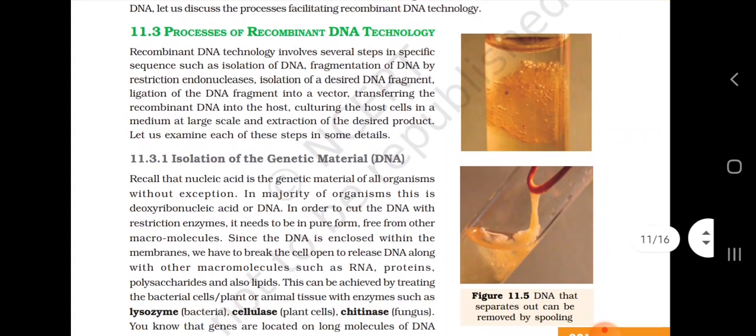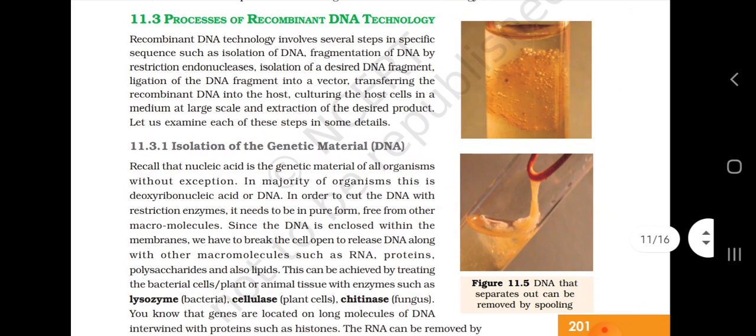Now we come to the process of recombinant DNA technology, which involves basic steps. The first is the isolation of DNA. The second is the fragmentation of DNA by restriction endonucleases. The third is the isolation of a desired DNA fragment. Fourth is the amplification of the gene of interest.